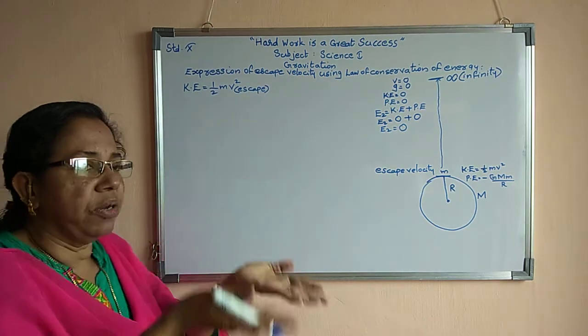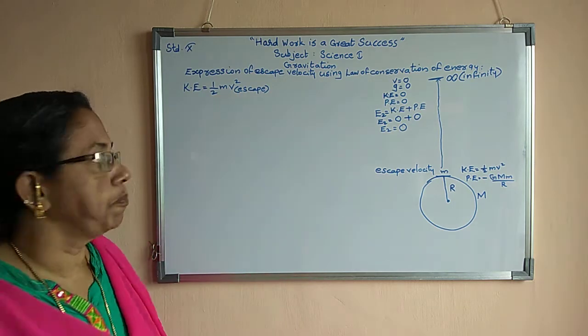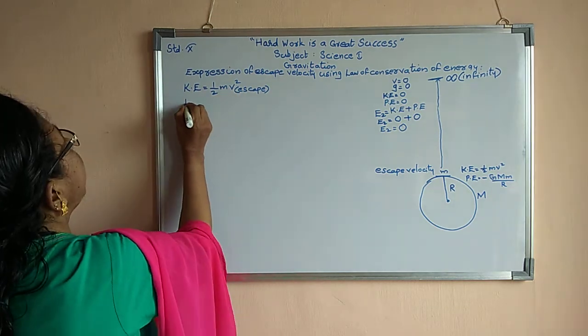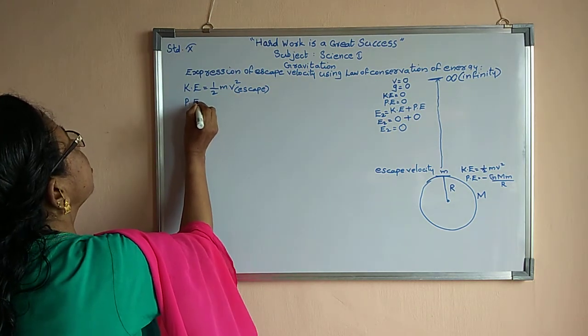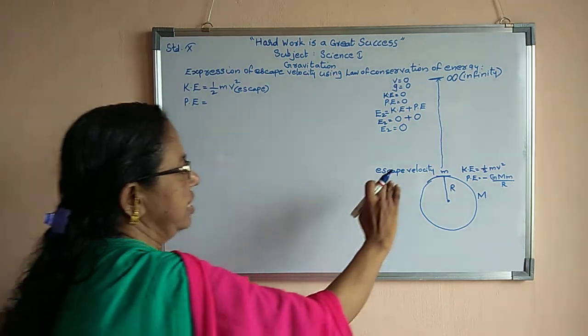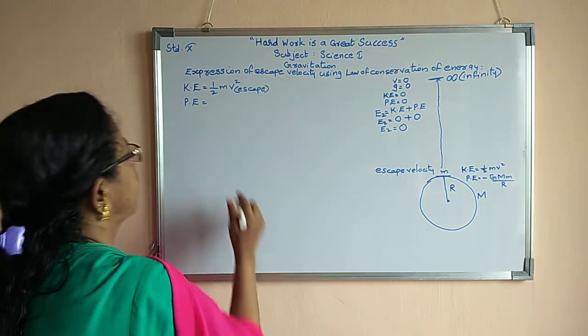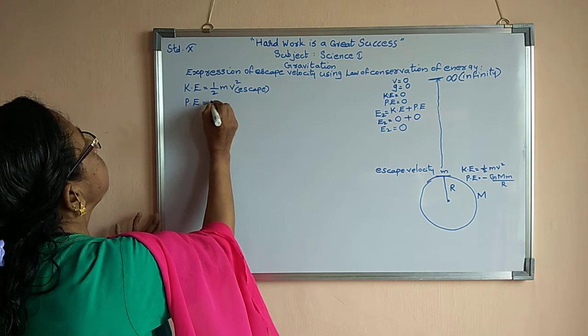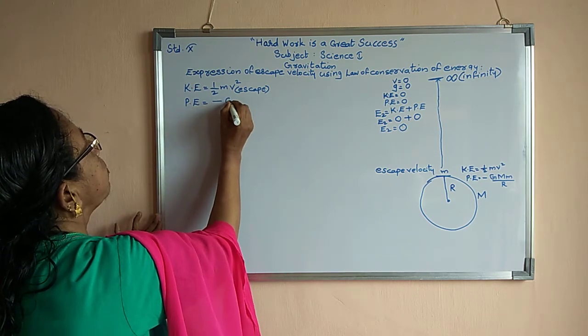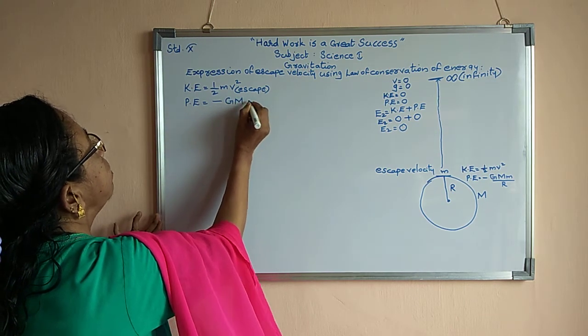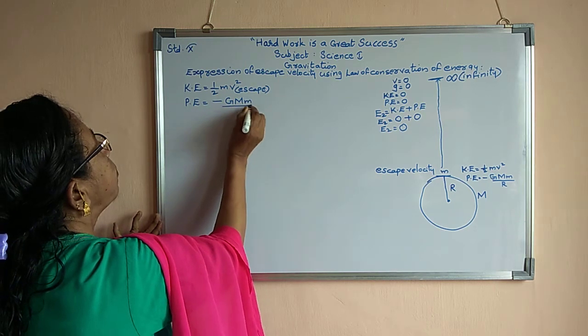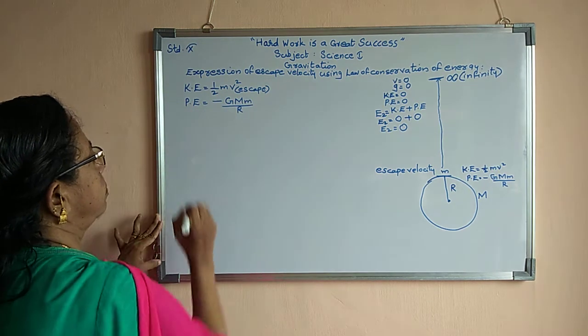With the escape velocity we threw the object. Now Pe, that is the potential energy possessed by the body when it is on the surface of the earth, is equal to minus capital G, capital M, small m upon R.